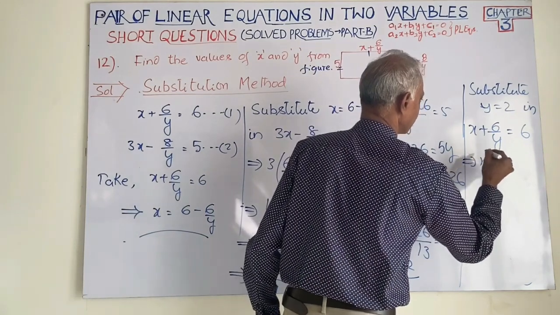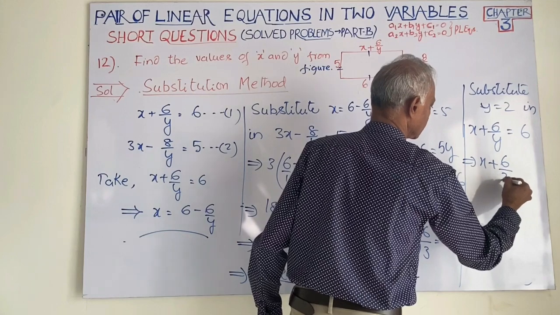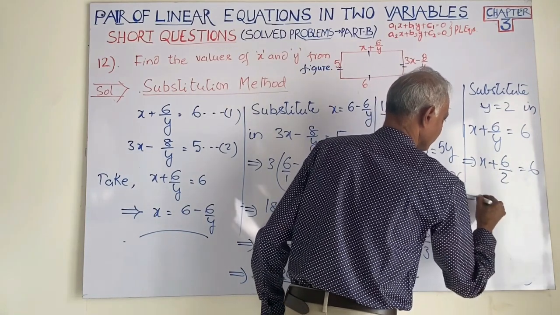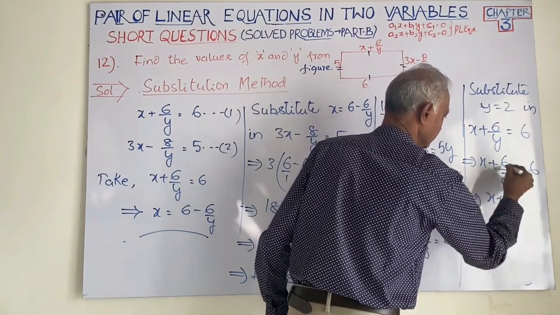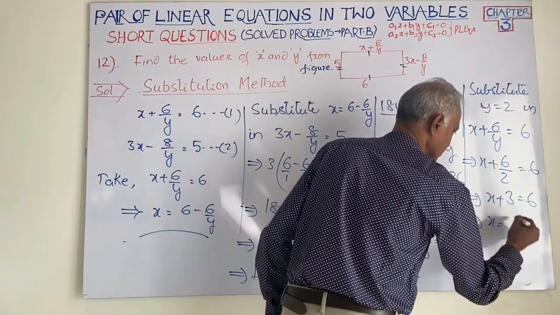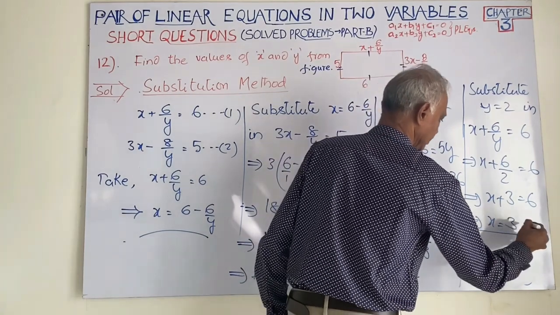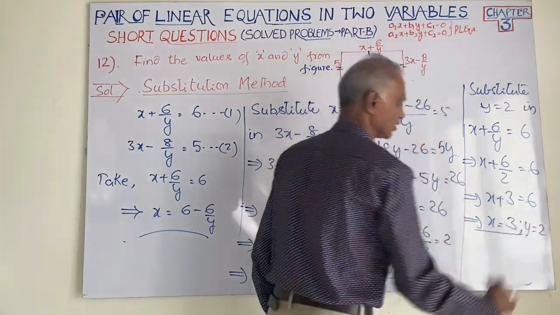This implies x plus 6 by, what is the value of y? 2, is equal to 6. x plus 3 is equal to 6. You got x is equal to 6 minus 3, that is 3. You got x is equal to 3 and y is equal to 2.